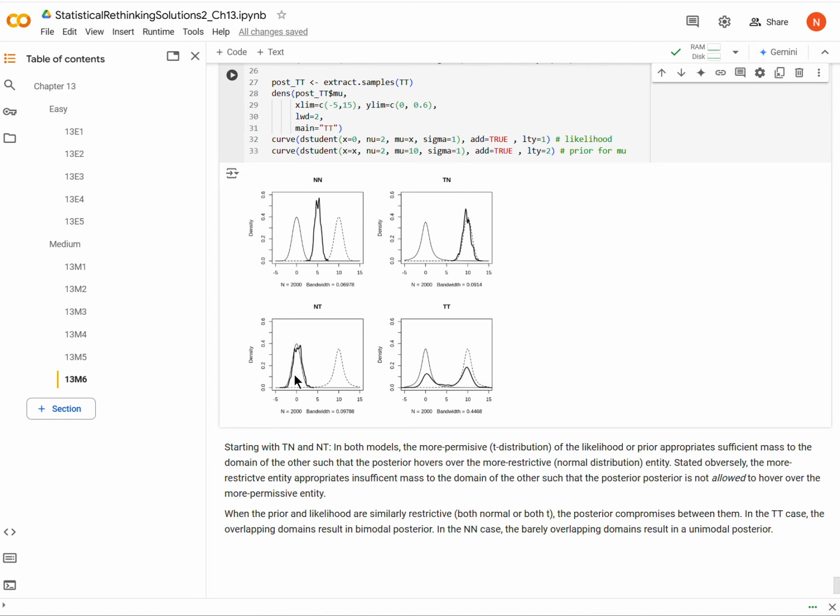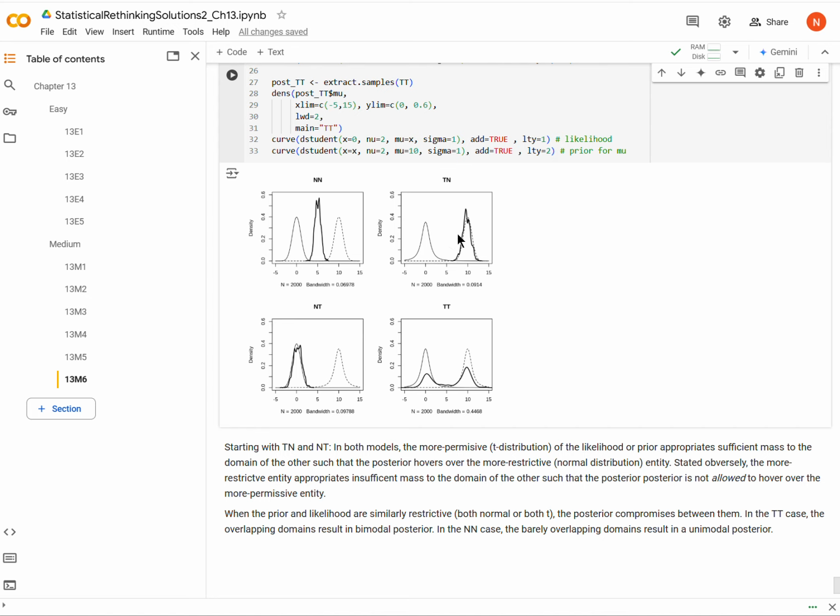So what's happening here? In the Tn model, the likelihood is a t distribution, so this curve right here represents the t distribution likelihood, and the prior is a normal distribution, which you almost can't see because it's covered by the posterior.